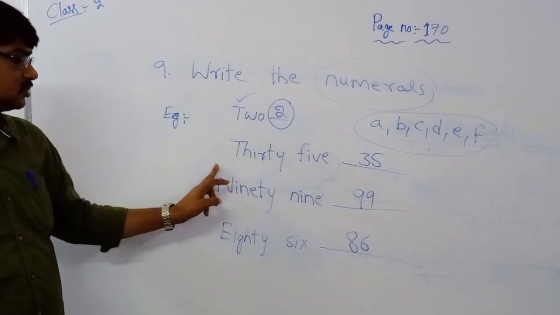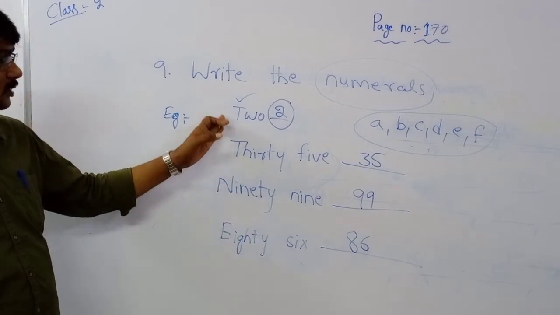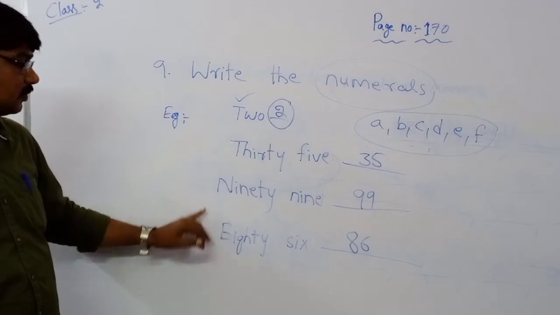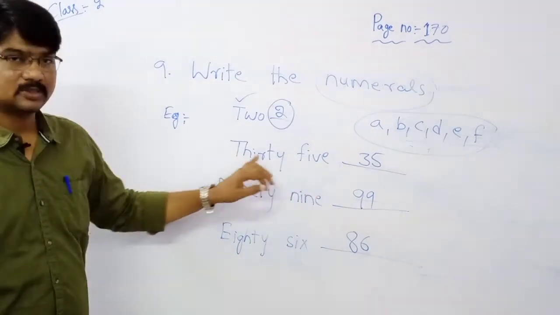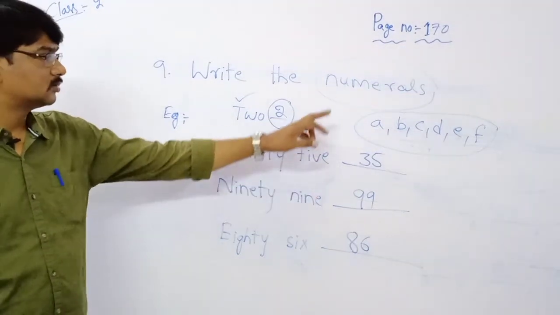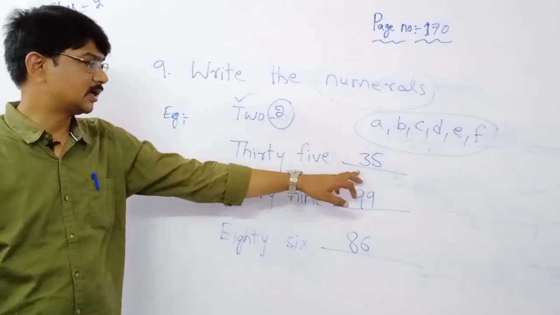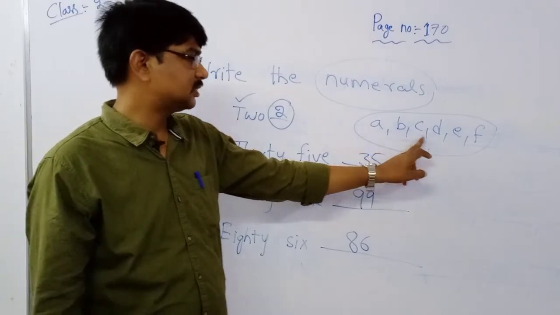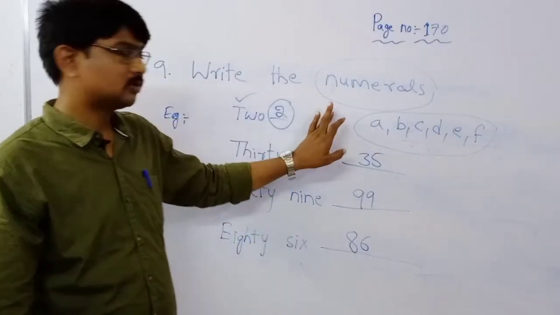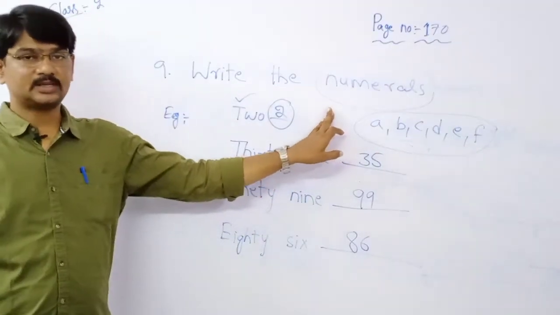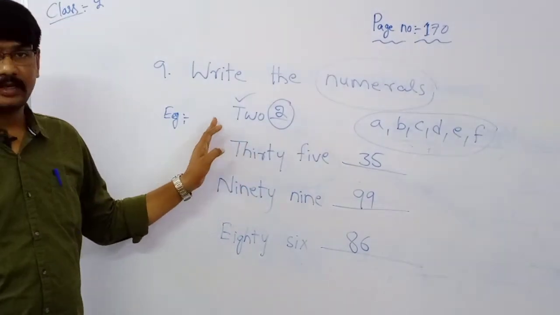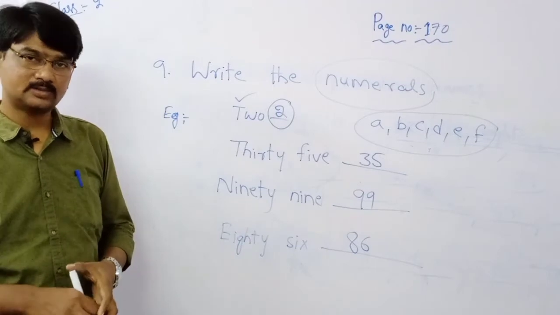The question is given in words, another way we can call number names. We need to write numerals like this. So, ninth question, A, B, C, D, E, F. All the questions do yourself, children. At the same time, write them in your classwork notebook also.